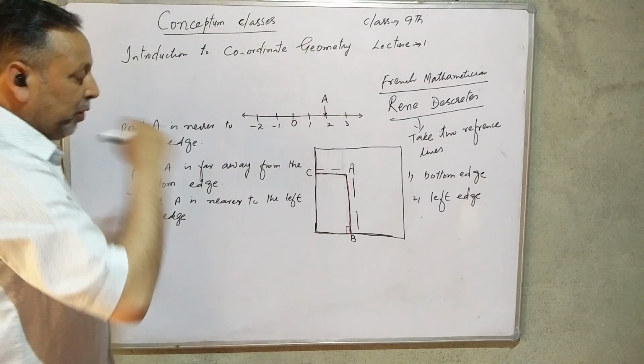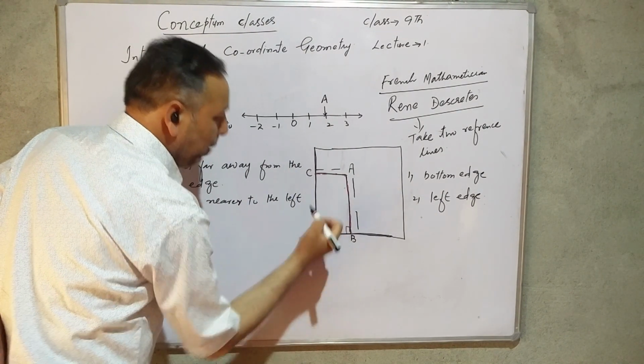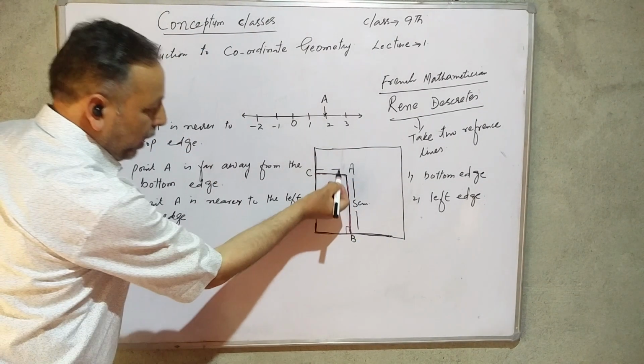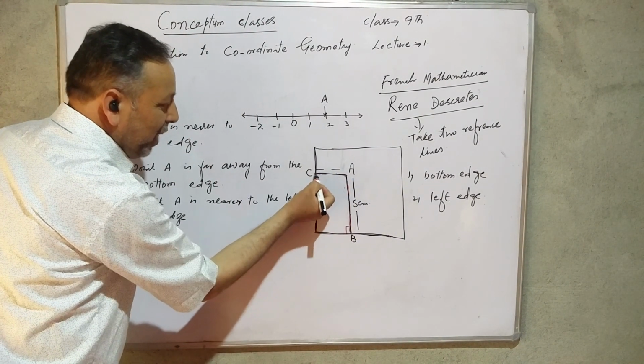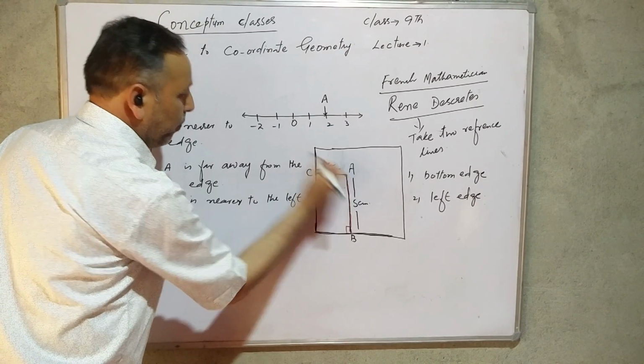Suppose the distance of point A from the bottom edge, AB, is 5 centimeters. And the distance of point A from the left edge, AC, is 2 centimeters.